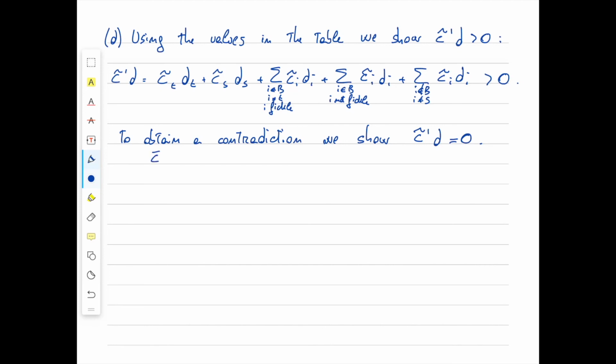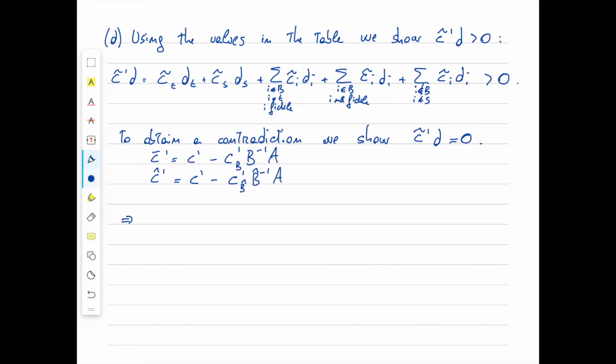Well, let's write c bar transpose using the definition of our reduced costs. This is c transpose minus c B transpose B inverse A. And let's write also c hat transpose using our definition of reduced costs. This is again c transpose minus c B hat transpose B hat inverse A.